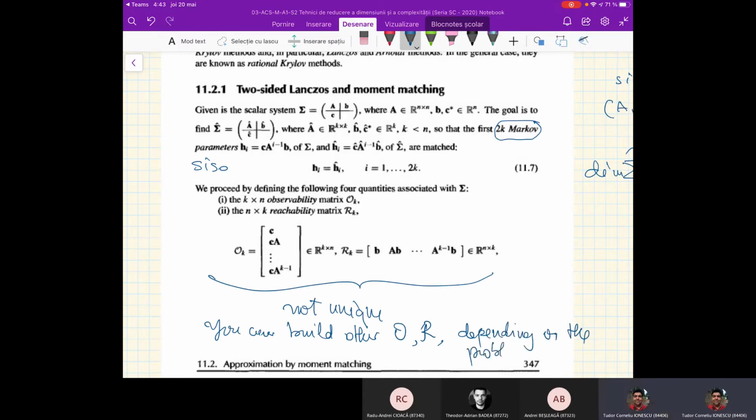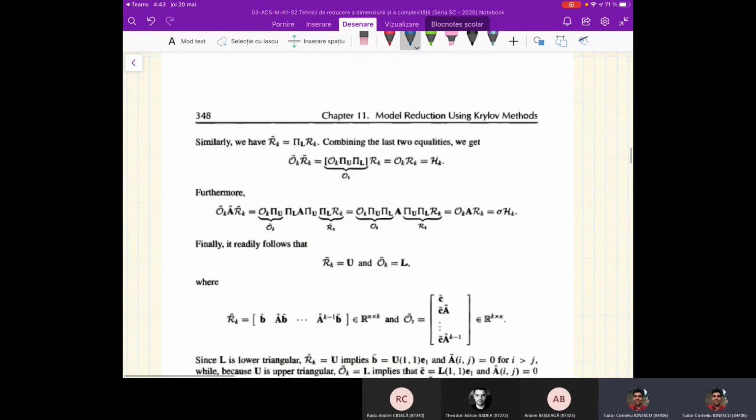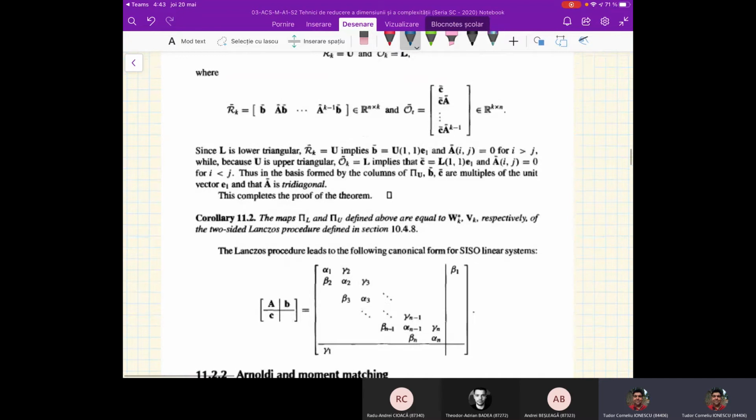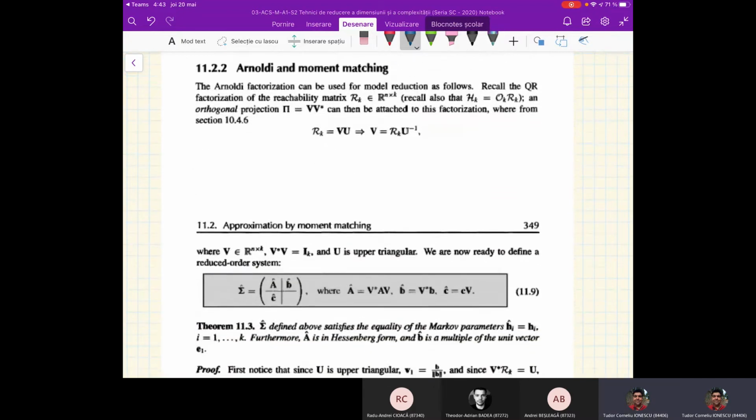So this was for the specific case of the Markov parameters. This O and this R need not have that necessarily. Now let's check the same version of the problem with the Markov parameters, this time in the Arnoldi framework.